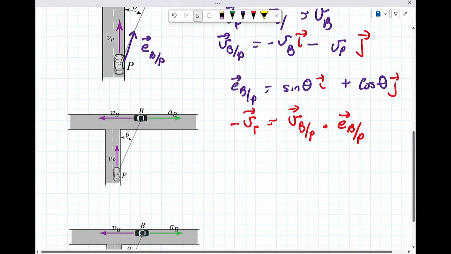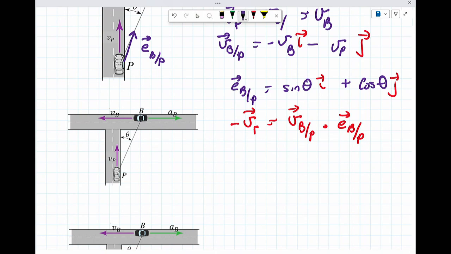That is, if you can imagine, and this is where you've got to do visualization, as that approaches 90 degrees, or 0 degrees in this case, the distance between B and P shrinks.